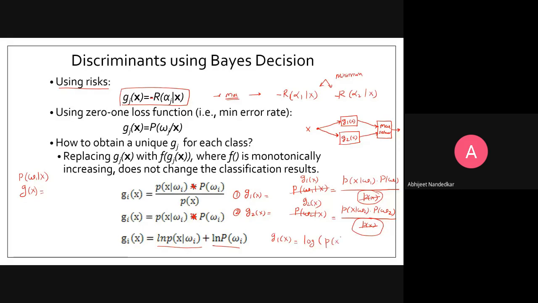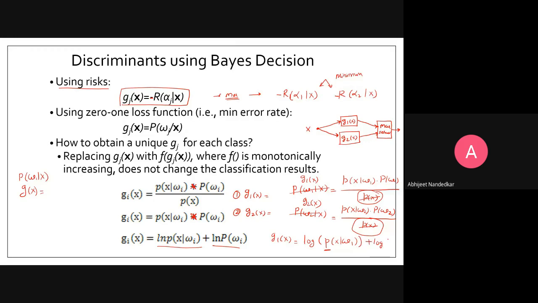We are doing this intentionally because what we are assuming in the next step is that this likelihood function is normal distribution, so that will be of the exponential form. So log of exponential will make things very simple, so that's why we intentionally take log of both equations.